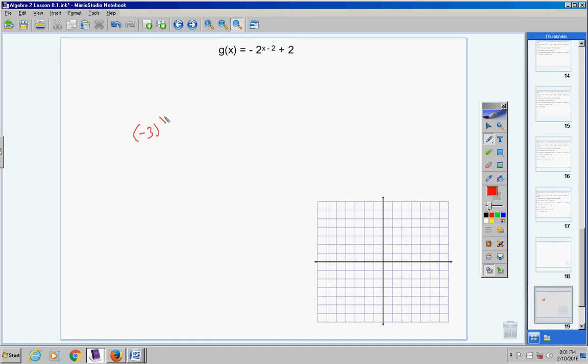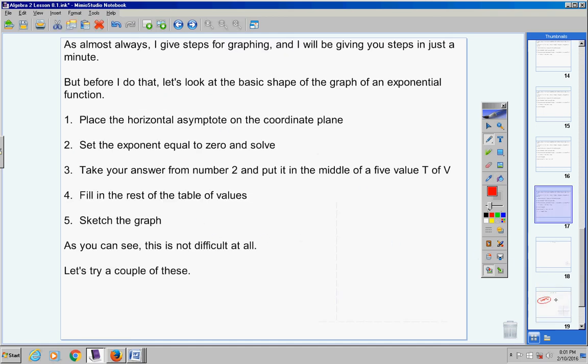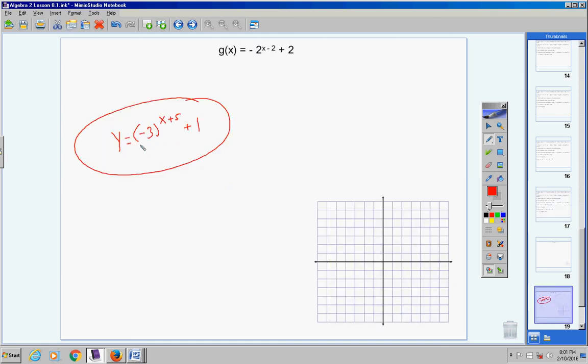Just make one up and try to graph it, and watch what happens. Something interesting happens. Okay, we're not going to get into that today, but if you have some free time, make a problem up like this one, and after you learn how to graph these and use these 5 steps right here, try one that has a negative base like this, and something interesting happens, okay?